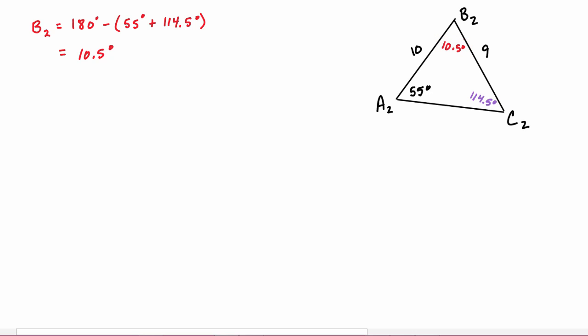Now we'll be able to solve for side B2 because we have its opposite angle. So let's set up that proportion. We get B2 divided by the sine of 10.5 degrees is going to have to equal our givens of 9 divided by the sine of 55 degrees.